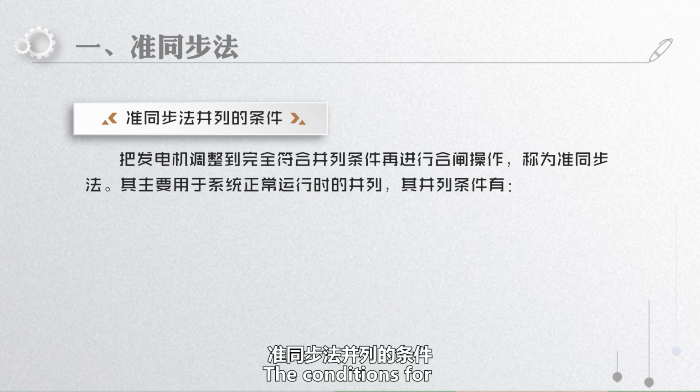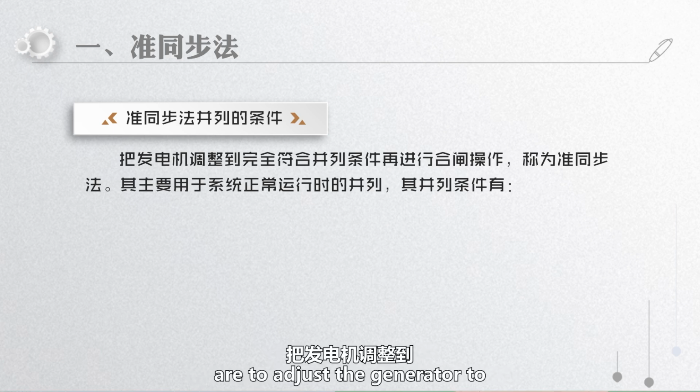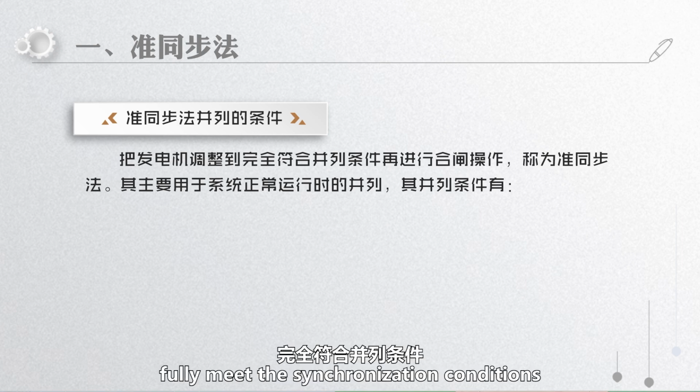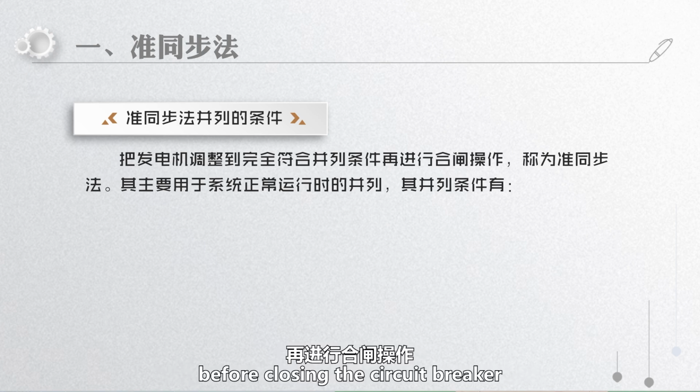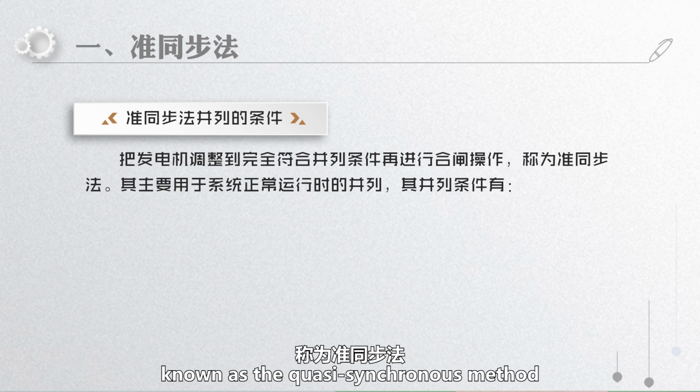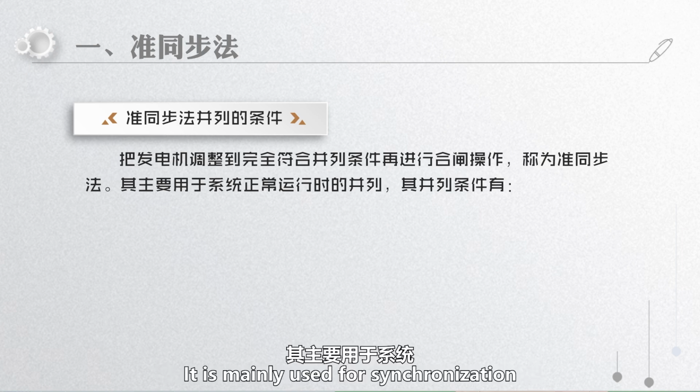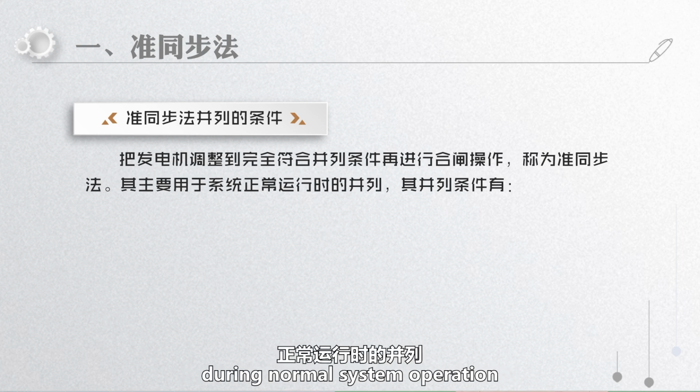Quasi-synchronous method. The quasi-synchronous method adjusts the generator to fully meet the synchronization conditions before closing the circuit breaker, and is mainly used for synchronization during normal system operation.